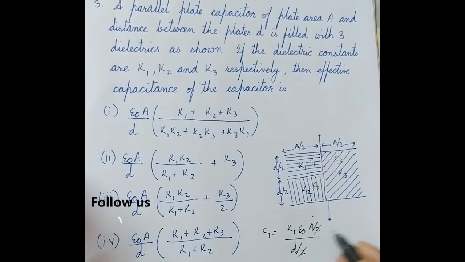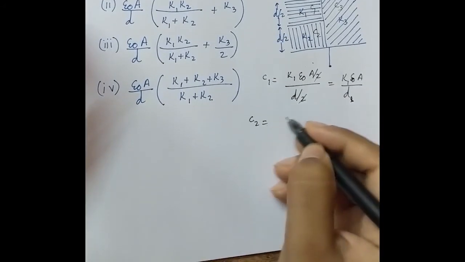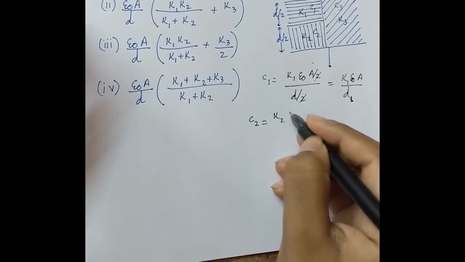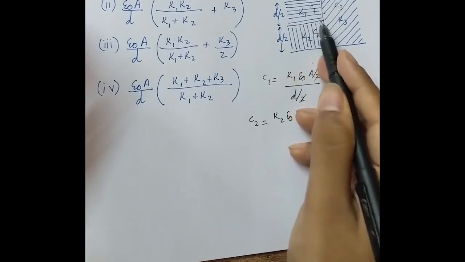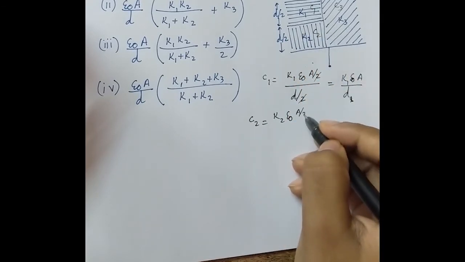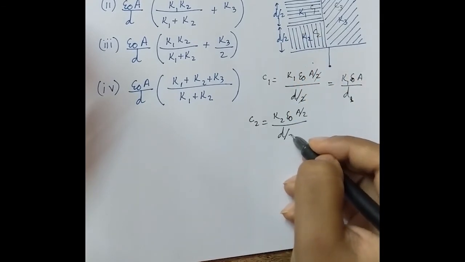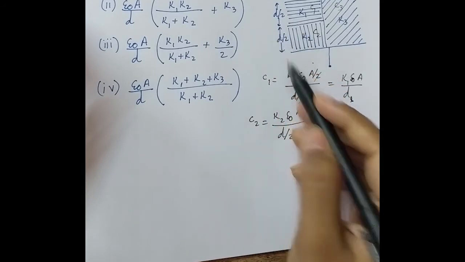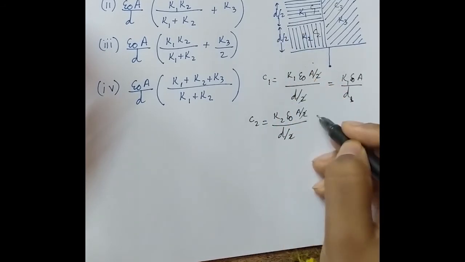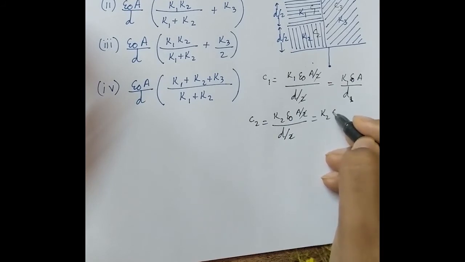The by 2's cancel out, and you just have K1 epsilon naught A by D. Moving to C2, in a similar way, K2 epsilon naught, again it has the same area A by 2, and its distance between the plates is D by 2. Again the by 2's cancel out and you have K2 epsilon naught A divided by D.